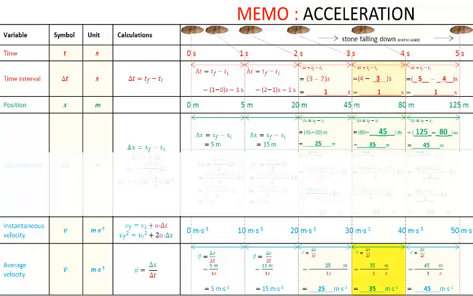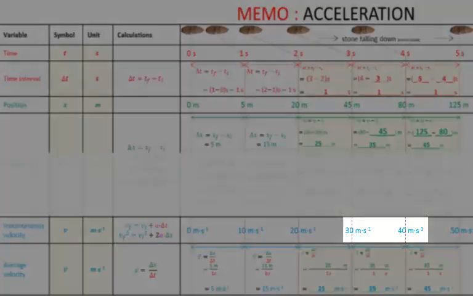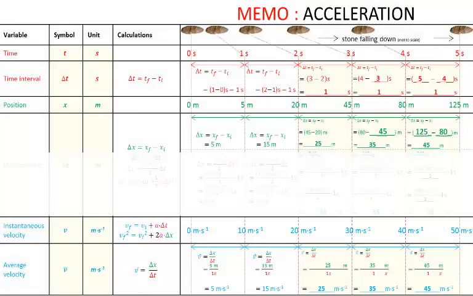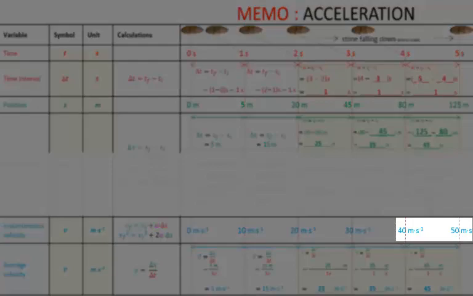The average velocity 35 meters per second, halfway between 30 meters per second and 40 meters per second. During the last interval, the displacement is 45 meters, again in an interval that lasts 1 second duration. The average velocity 45 meters per second, halfway between the initial and the final velocities for that interval.